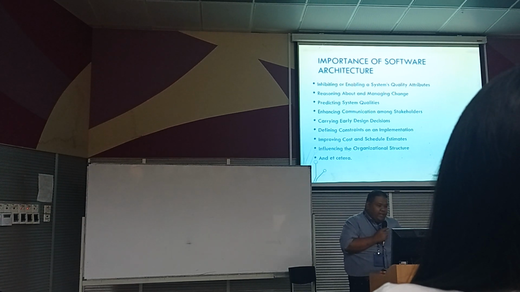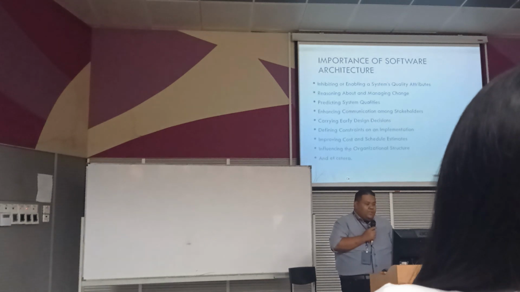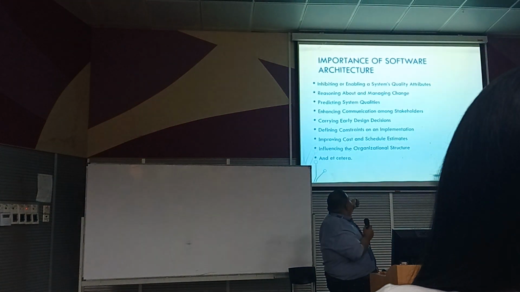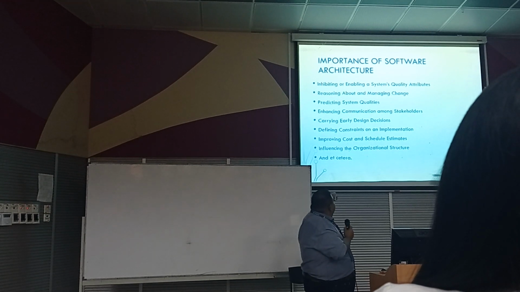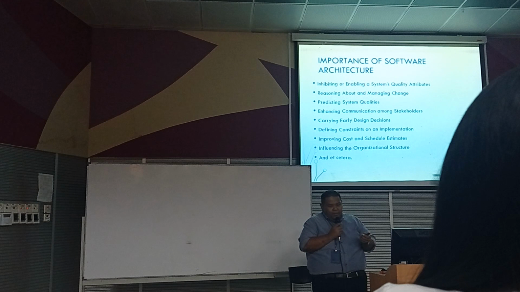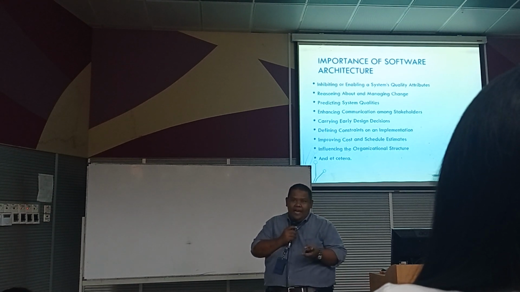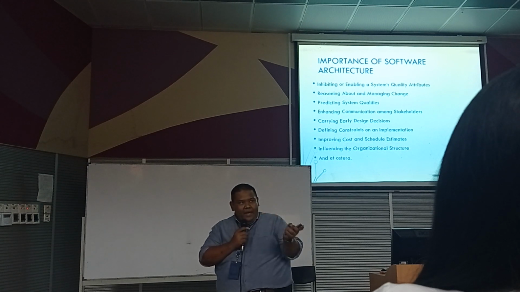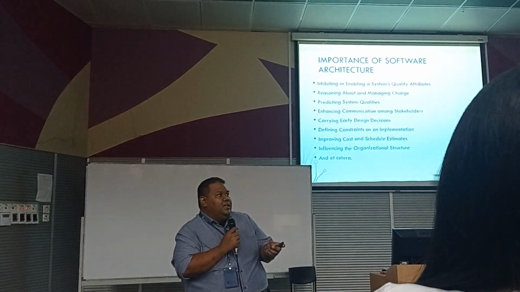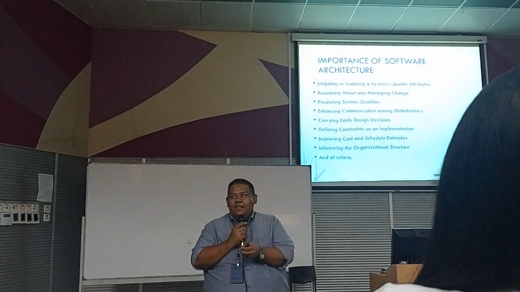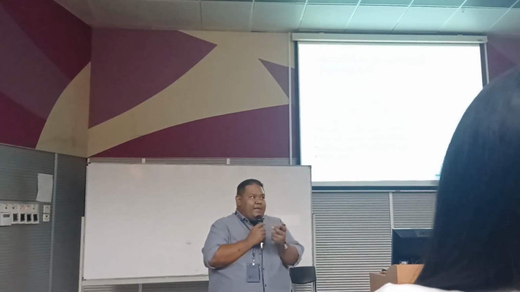Number 2, reasoning about managing changes. When you have an architecture, you have the ability to discuss with your team members which part of the system we want to change and which part can be modified. That's why we need an architecture.